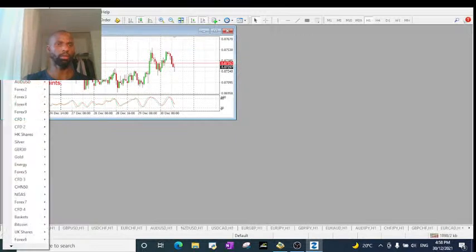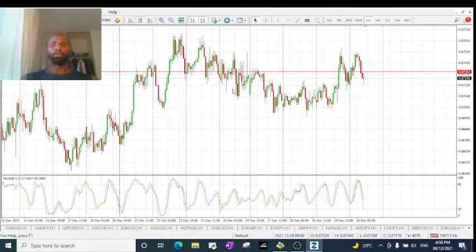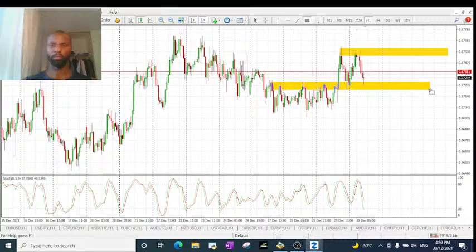NZ CAD, Turkish lira, Japanese yen, and US Chinese yuan. I'll leave those ones aside. Okay, so let's map out our zones. Mapping out your zones, above and below price. Then we wait.